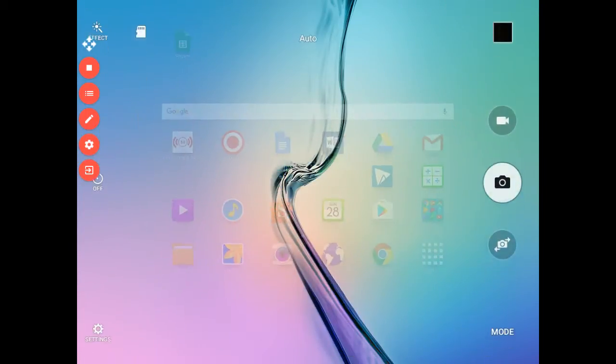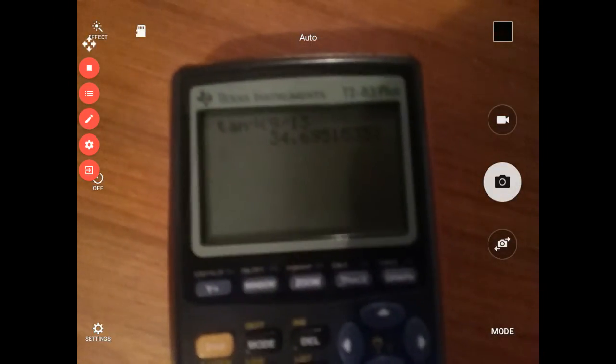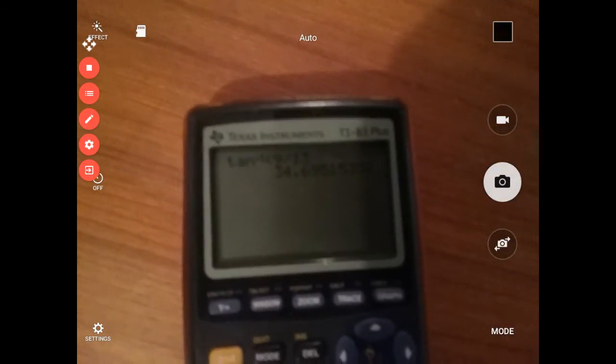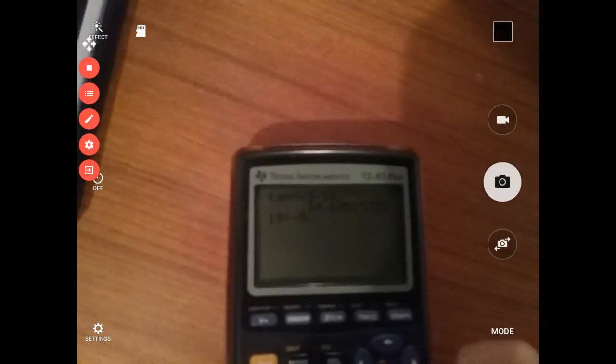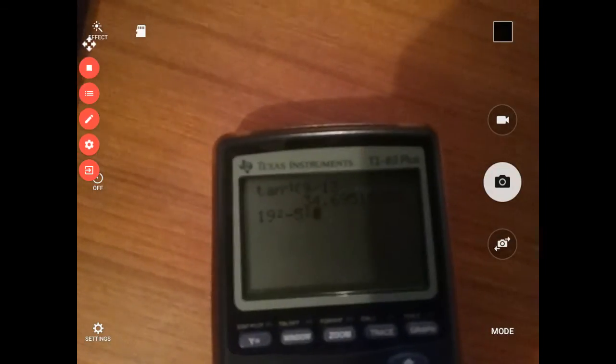Okay, now let's just really quickly show that on the TI-83, 84. So we have to get our decimals back. So 19 squared minus 5 squared. Okay, great. So that's 336.